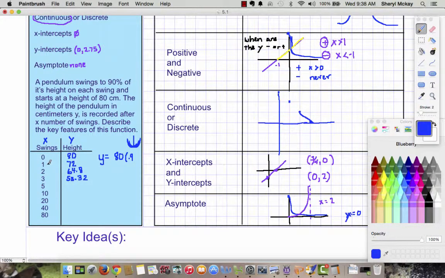When we got 72, we multiplied by 0.9 once. On our second swing, we multiplied by 0.9 twice. On our third swing, we multiplied by 0.9 three times. So that means we're going to multiply x times. We're going to raise it to the x power. Now I can easily figure this out by simply using my calculator. So go ahead and tell me what the fifth swing would be.